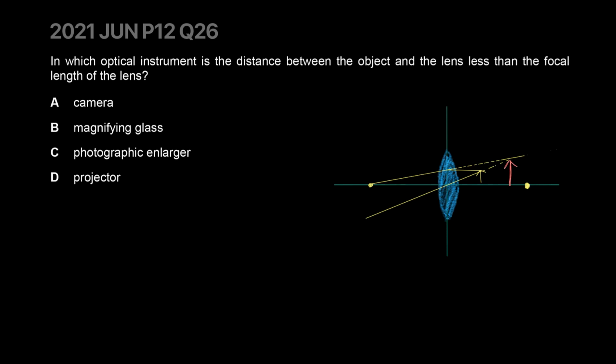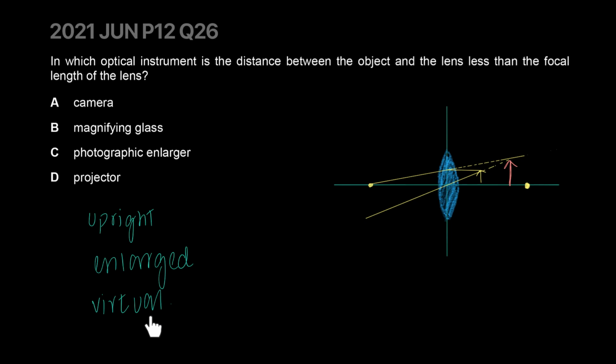And so the characteristics of the image are that it is upright and enlarged, and of course virtual. So it's not real, but you can see it. And yeah, a camera needs to form an actual image.